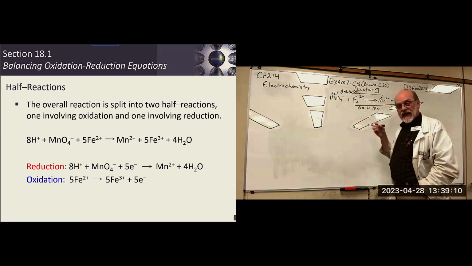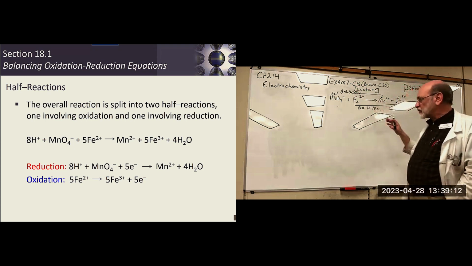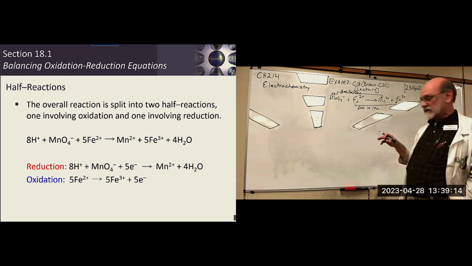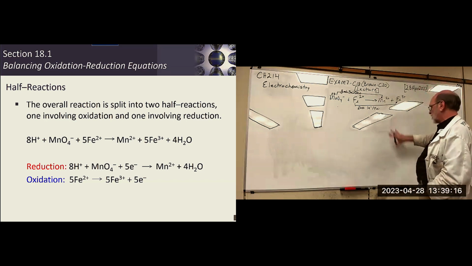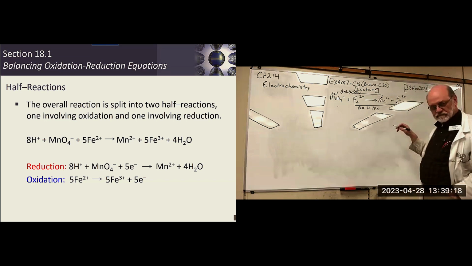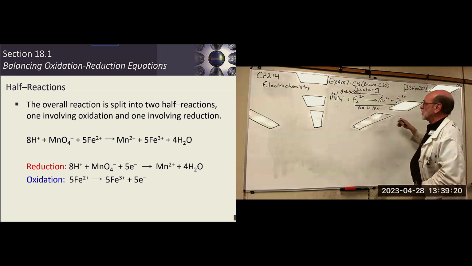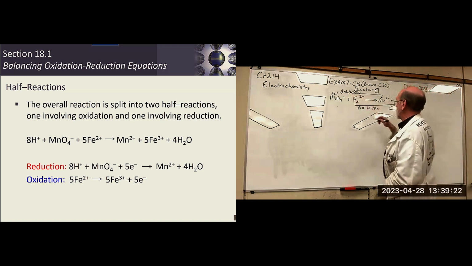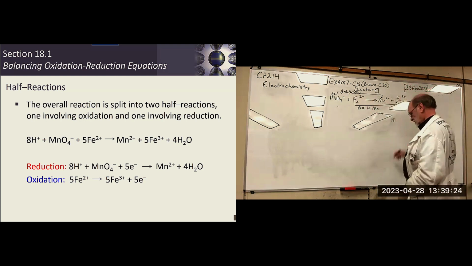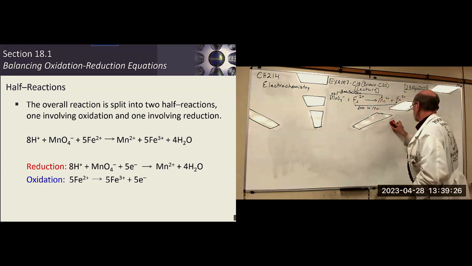Okay? So now that we know which one is which, we can put them in separate half reactions. Let's do it over here where we got more room. So the reduction step would be the gain of electrons.